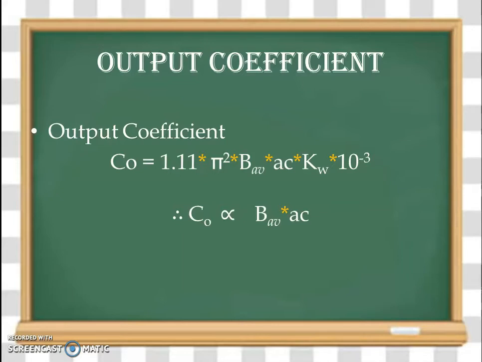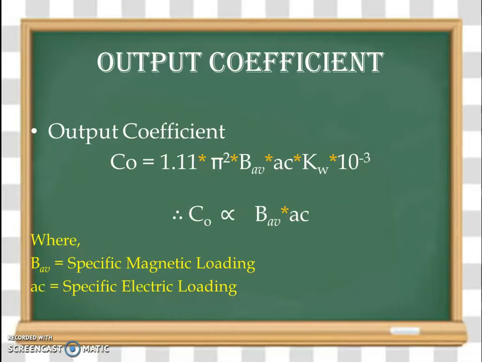So the output coefficient is directly proportional to both the specific magnetic and specific electric loading. If we want a higher output coefficient, we have to increase either the specific magnetic loading or the specific electric loading, or both. BAV is the average flux density and is known as the specific magnetic loading, and AC is the specific electric loading.